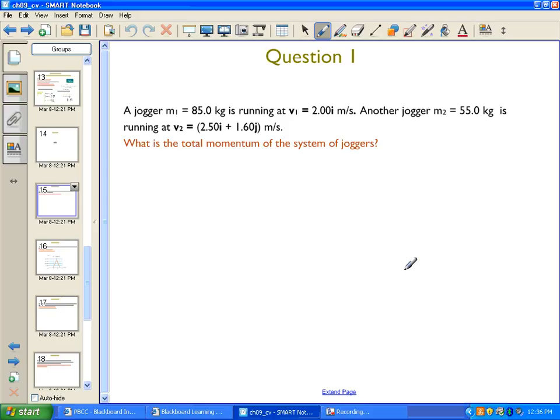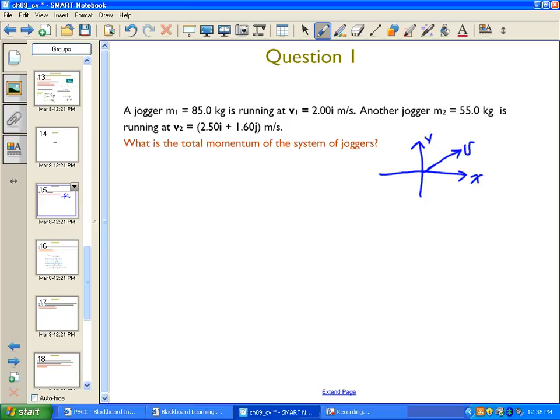In other words, in an XY coordinate system, here's X, here's Y, he might be running along, let's say, this direction here.